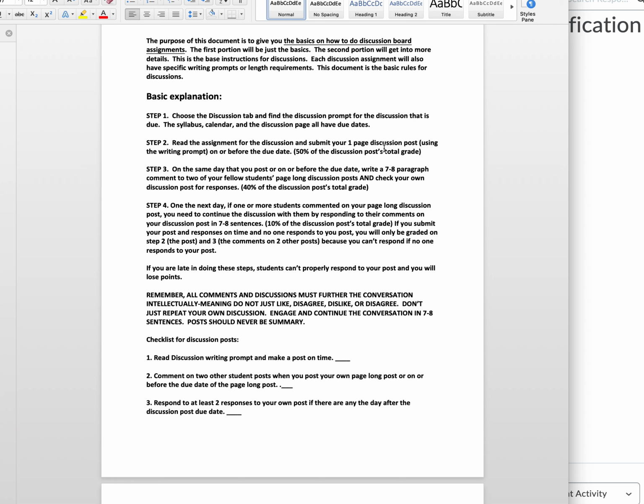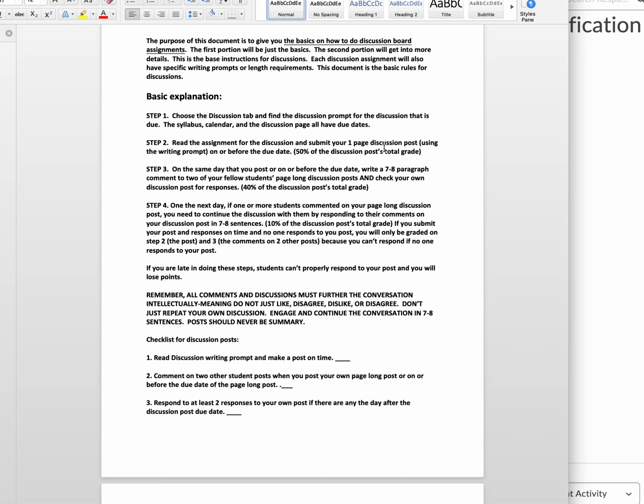If no one responds to your thread, or if they respond past the deadline, I'm only going to grade steps 2 and 3. It's reasonable. It's not crazy, right?